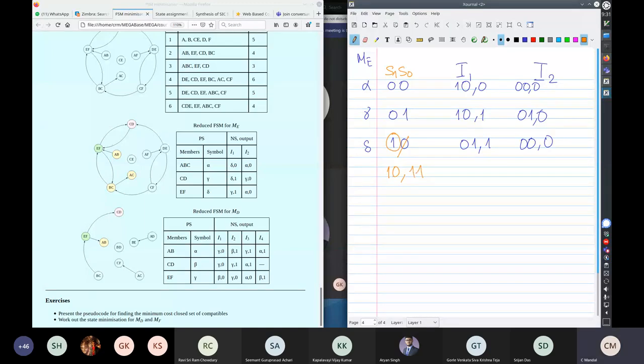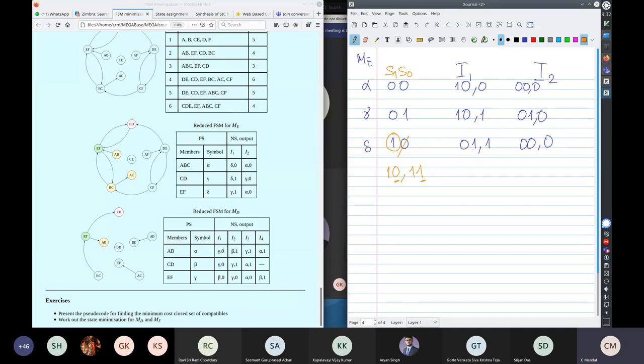I'm allowing both 1, 0 and 1, 1 to represent the state delta. Because I really don't need to bother about this. When S1 is 1, I don't need to look at S0.